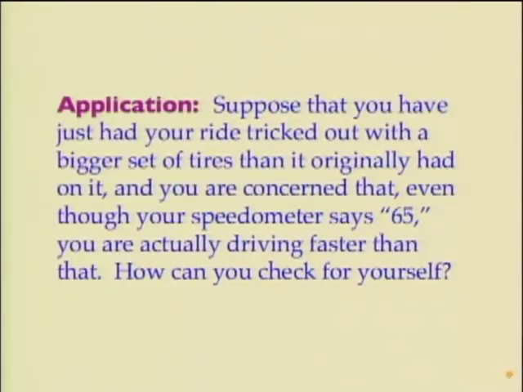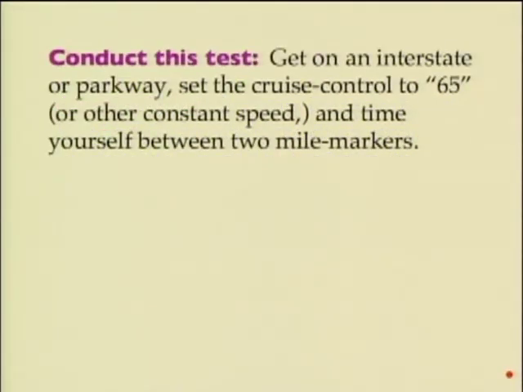You don't want to get any tickets because you're out of points or whatever, so how can you check to see how fast you're actually going? Well, try this little test. Get on the interstate or parkway where you can safely drive 65 and not have to slow down or speed up. Set your cruise control to that speed. It can be any speed, but I'm worried about 65 because that's where I get tickets.